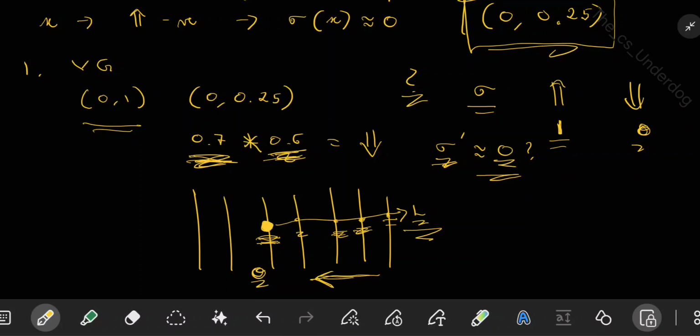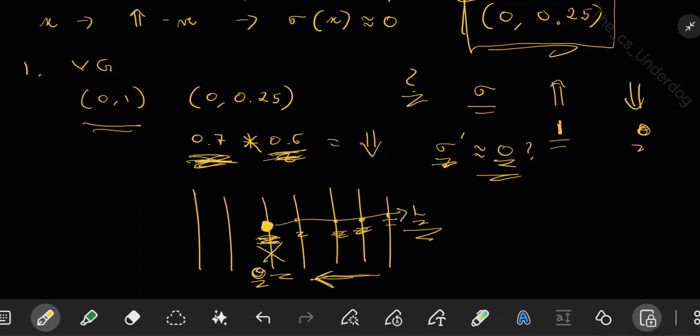It will be so small that there will be no updation done on this neuron. It will be as good as not doing an updation. It will be something like 0.000, something like this. Then, even though you are doing that small updation, it won't make any sense.